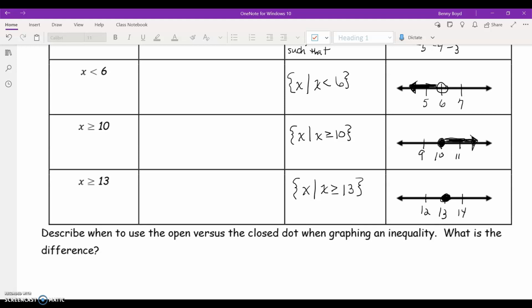Anytime it's equal to, we want to shade in the dot. That equals 13, but we also have solutions that are greater than 13, so we're going to shade to the right. So what we see here is that we have more than just one solution. We have infinite solutions greater than 13 and including 13.